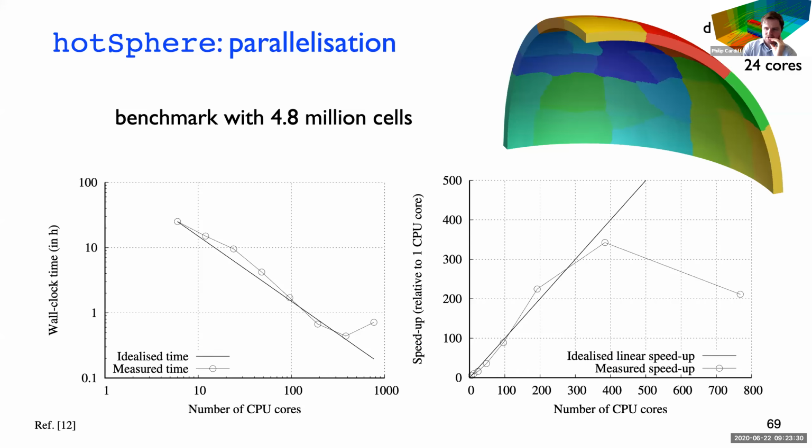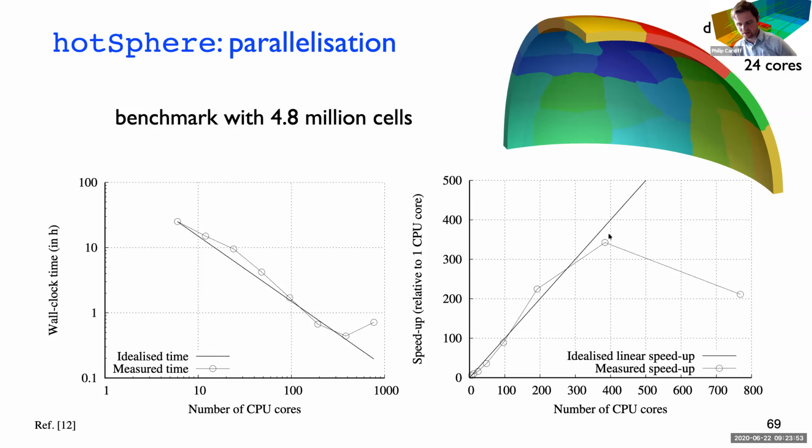For this test case, you might want to try it yourself. If you refine a mesh to 4.8 million cells, I've checked it on one of our clusters. It went up to just under 800 cores. You can see that for this particular solid model, it's getting the typical OpenFOAM scaling that you would normally get.